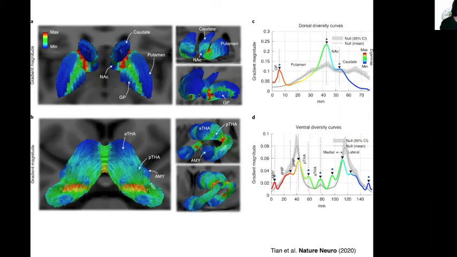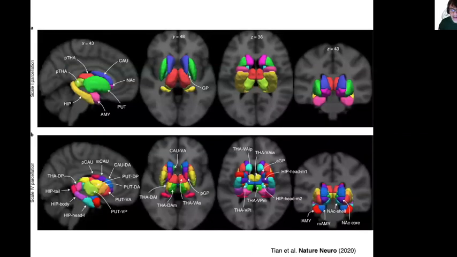This approach allows you to segregate the different structures in the brain just by looking at the profile of gradient magnitude. Then you obtain a division of the subcortical region into different areas, just based on the profile of functional connectivity, on the profile of transition of magnitude of gradient.